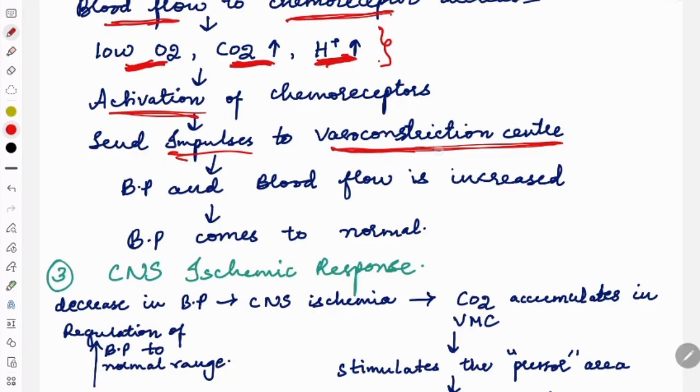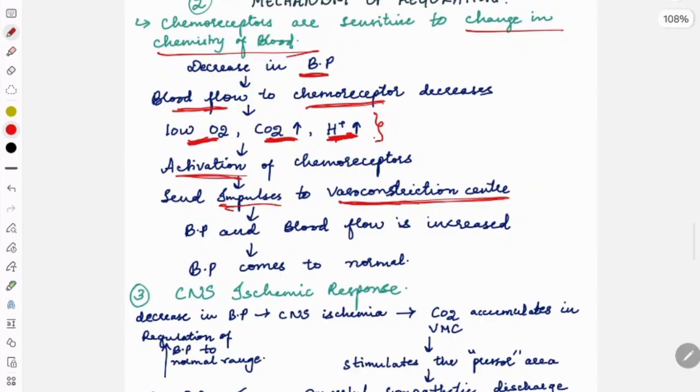The name itself suggests that it will cause vasoconstriction. By vasoconstriction, what will happen? The BP will increase. So this is the mechanism by which it increases the BP from low BP, and this is how the BP will come back to normal. This is how regulation of BP occurs by chemoreceptors.